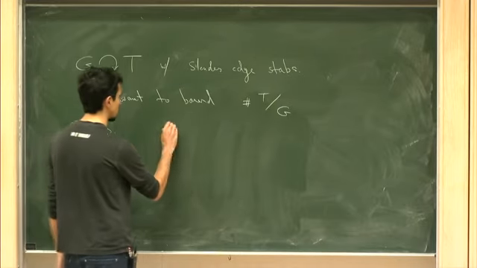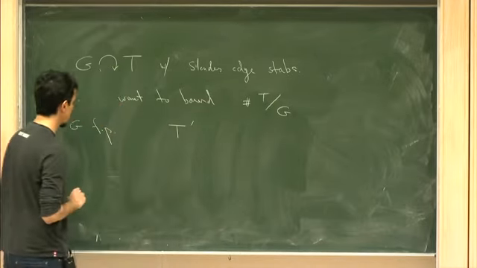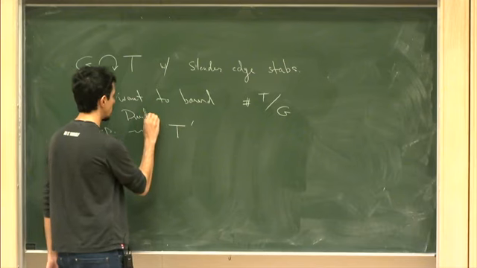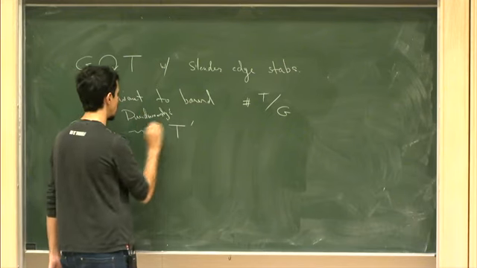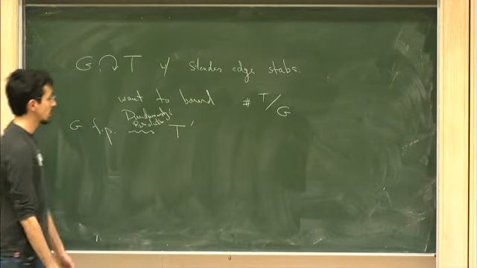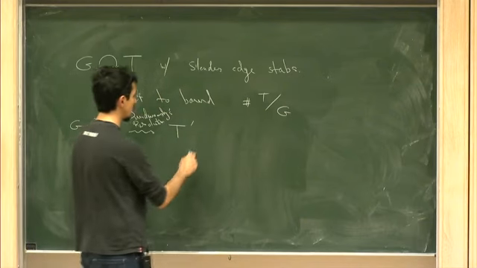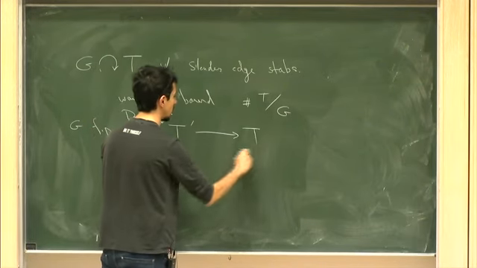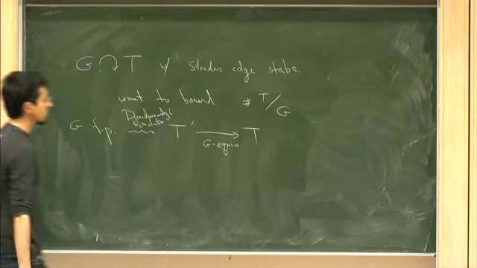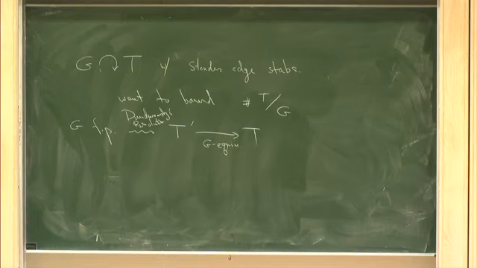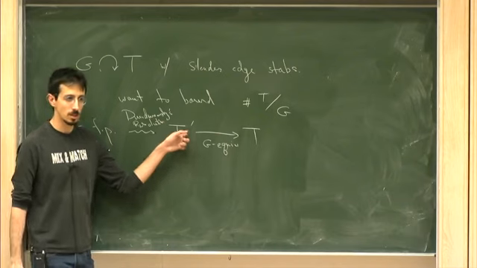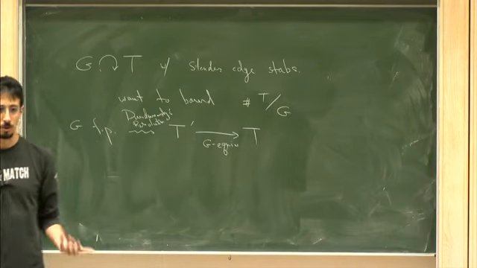So this is called the resolution T prime. Okay, so this is done with this resolution. You get a tree T prime, which maps G equivariantly to T. And now, as we saw in Benjamin's talk, this tree is much simpler than the original one.